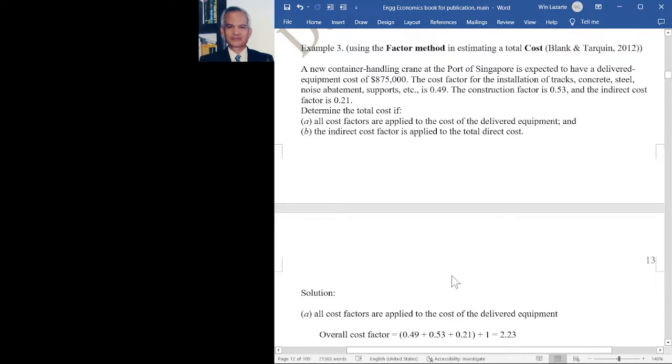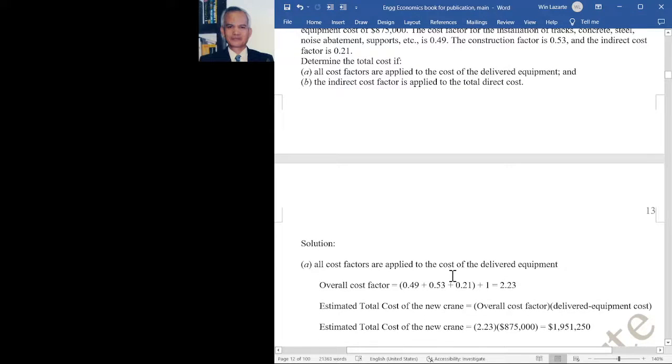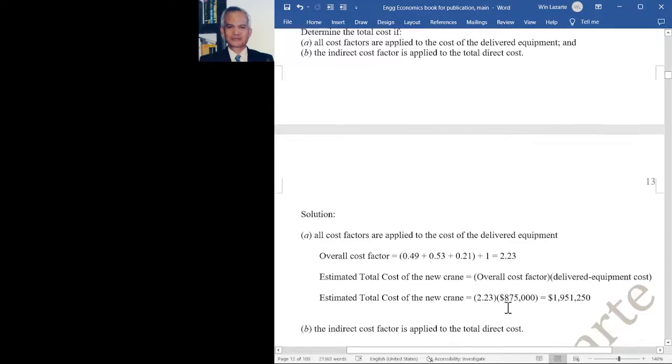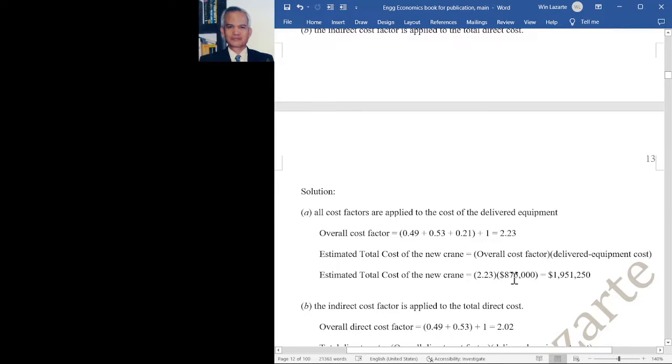Okay, so for letter A, to determine the total cost if all cost factors are applied to the cost of the delivered equipment, so first we compute the overall cost factor by adding up all the given cost factors and add 1 to get this overall cost factor 2.23, and then we simply multiply this to the delivered equipment cost of $875,000 to get the estimated total cost of the new crane.